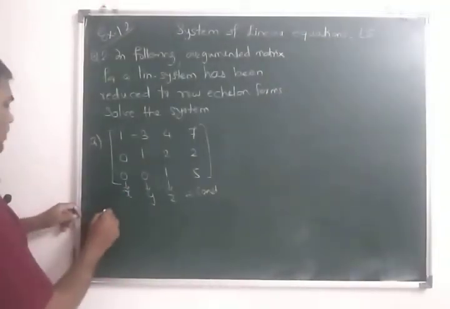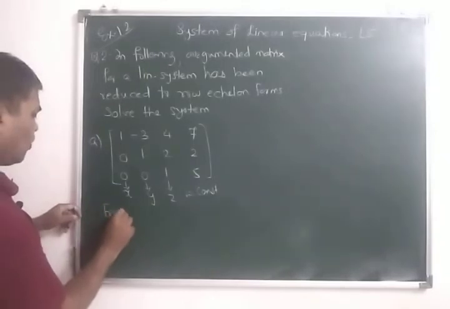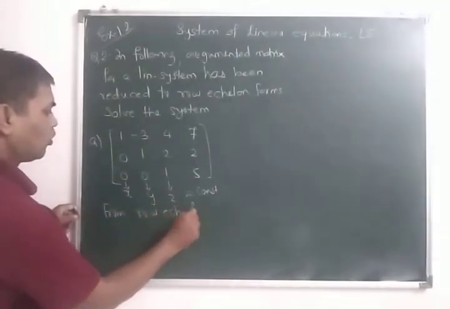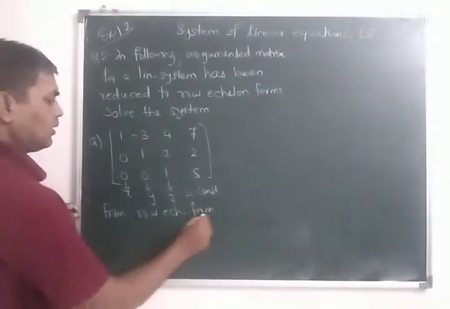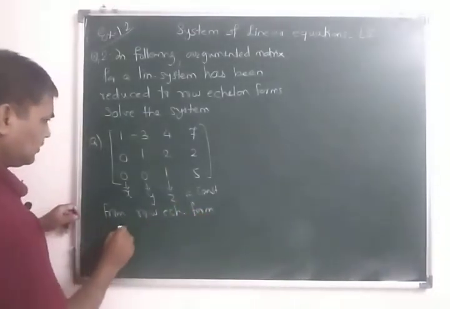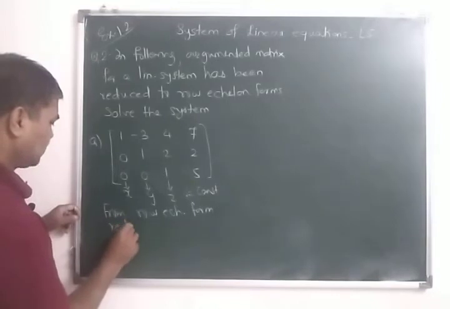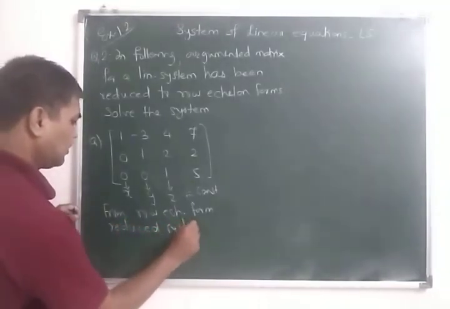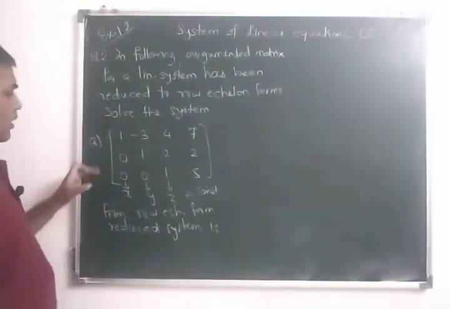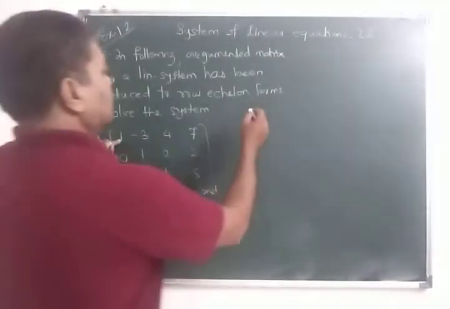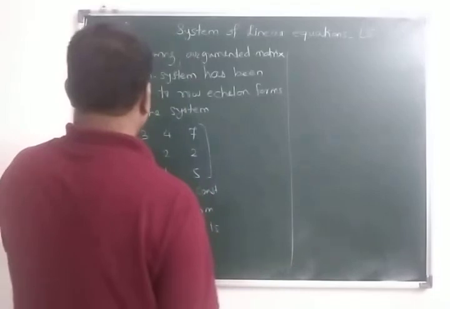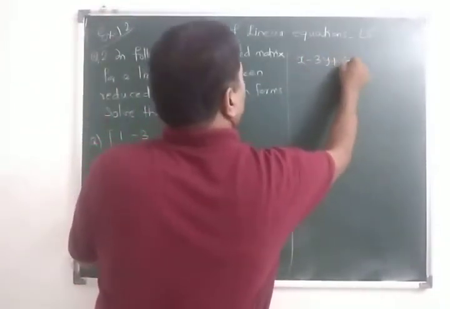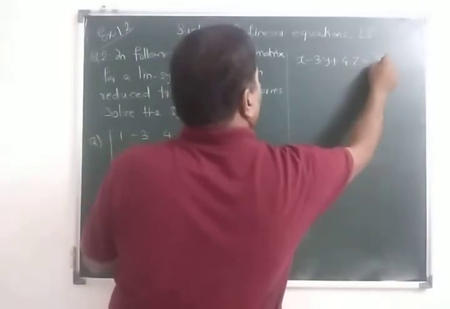So from the row echelon form, what is your reduced system? It is x minus 3y plus 4z is equal to 7.